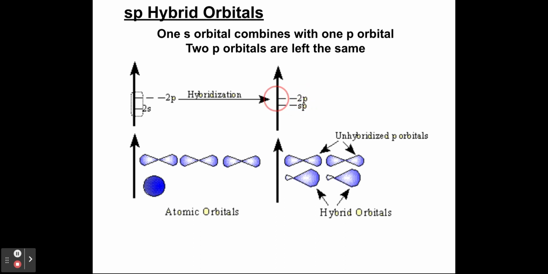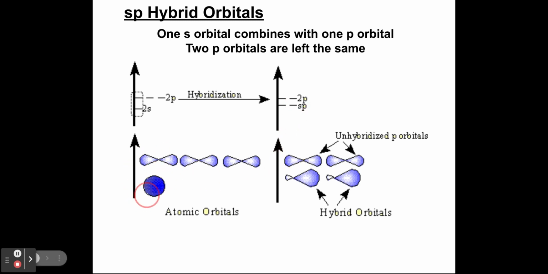The other two orbitals are left by themselves. These are the unhybridized p orbitals, and a lot of times the unhybridized p orbitals are what is used to form your double and your triple bonds, but we won't get into that too much.